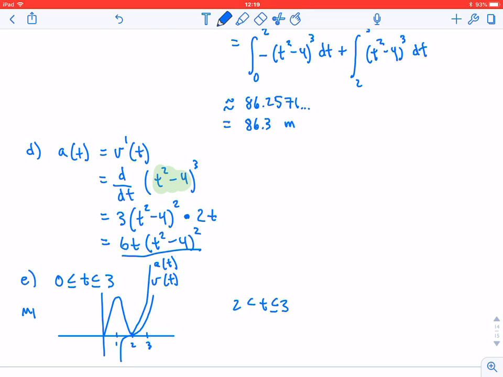You could also do this by showing acceleration versus time. If you had a sign diagram for acceleration versus time, you could show that at t equals 2, acceleration is 0, that it is positive on this side and positive on that side. And since we're only going from 0 to 3, you could say that acceleration is always positive.